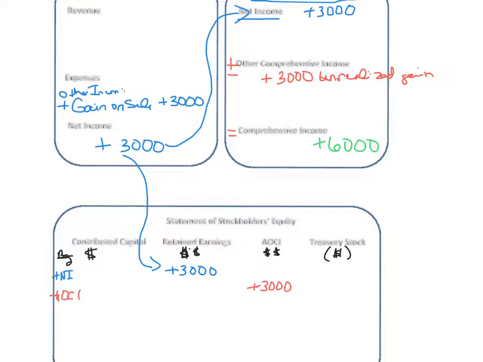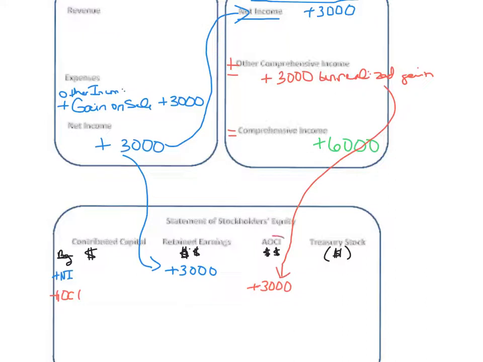Okay? Notice what I did not do. I did not put 6,000 on this statement as 6,000. I put it in its pieces. Its pieces come from whatever the net income is plus whatever the OCI is. Okay, that's what flows into the statement of shareholders' equity right there.